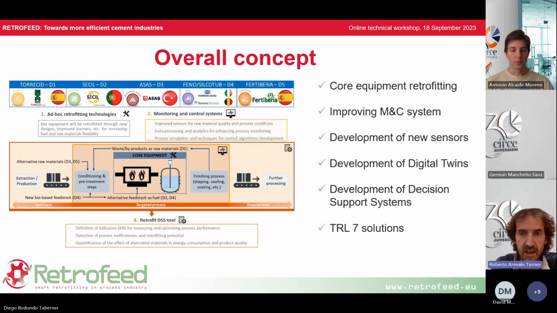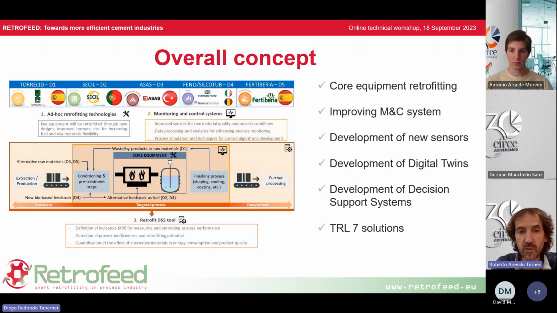In this slide, we can see a pictorial representation of the whole project. At your left, in the picture, you can see in the center the core equipment, which is going to be retrofitted in each industry. In each case, it is going to be something different. It can be a furnace or a chemical reactor.